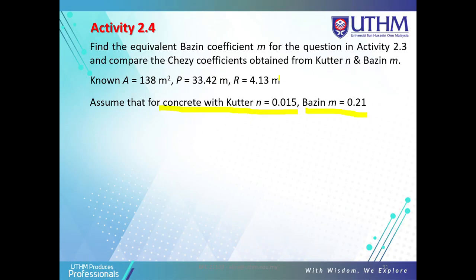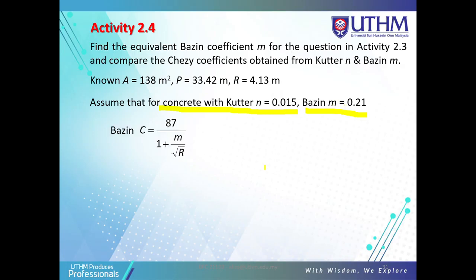These values will be given in your test or final, so no need to refer to the table. They give you the value of N and also M.